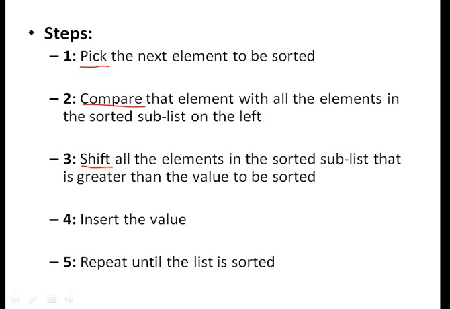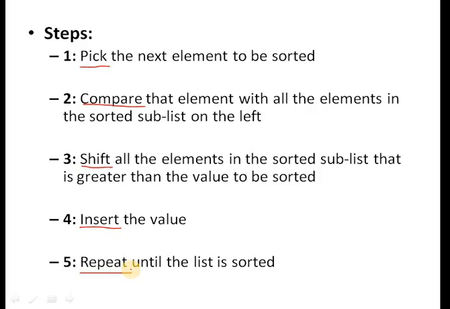The fourth step is, after shifting, you have one free space, right? In that free space, you have to insert the element. You insert the element in that particular position. Repeat these steps until the list is sorted, until you have compared all the elements, until the entire list becomes the sorted sublist.